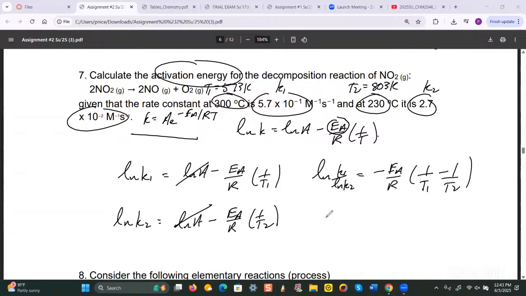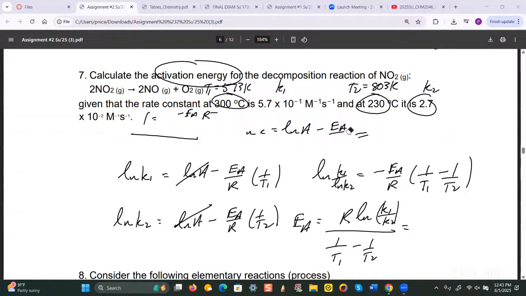Then I would rearrange this to solve for Ea, because that's what the question is asking for. So Ea would be equal to R times ln k1 over k2, all divided by 1 over T1 minus 1 over T2. Then it's all a matter of putting the numbers in. I'm going to need more space, so let me erase what's up here.